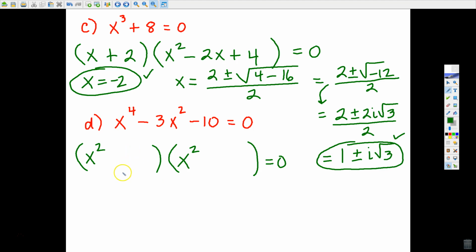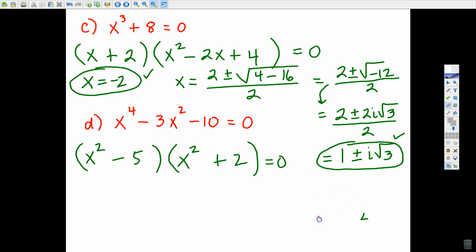So which one would be negative? One of them will have to be negative. Which one, to make negative 3?